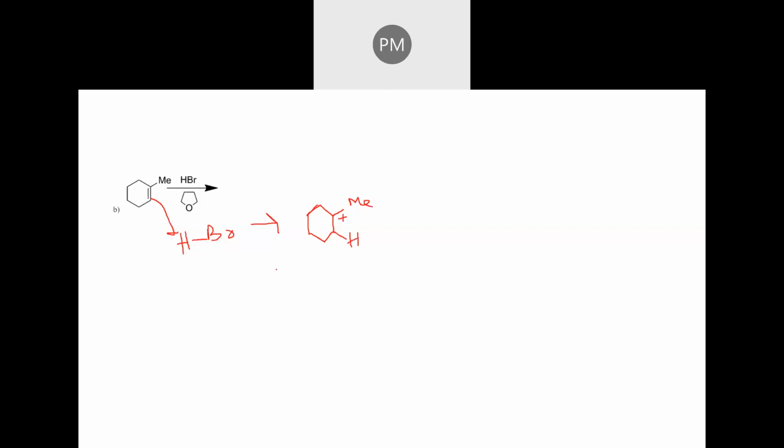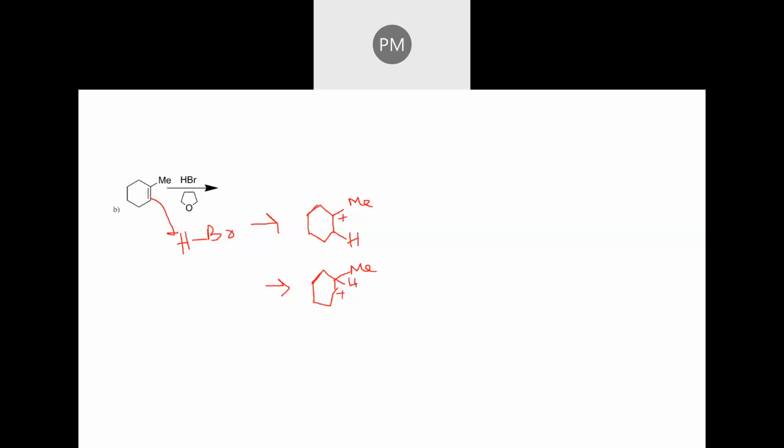The next possibility is where this one is methyl and the carbocation is generated here.